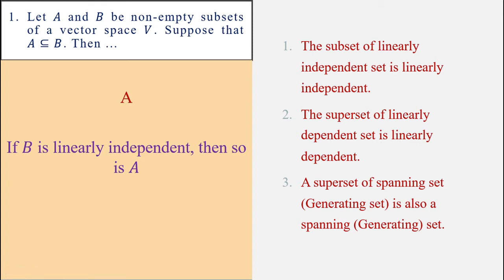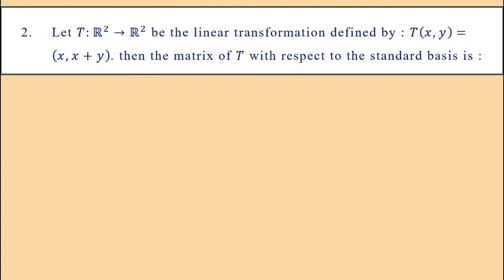A superset of an independent set need not be independent. So options B, C and D are wrong, and the correct option is A. A subset of a linearly independent set is linearly independent. So if B is linearly independent, A is also linearly independent.